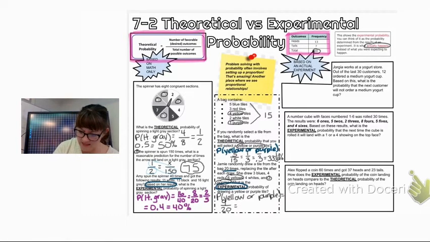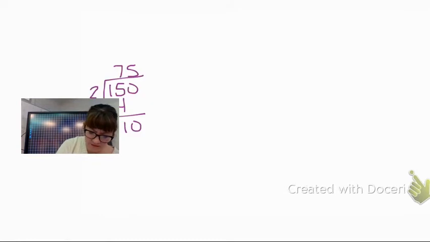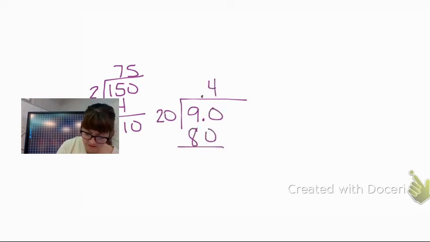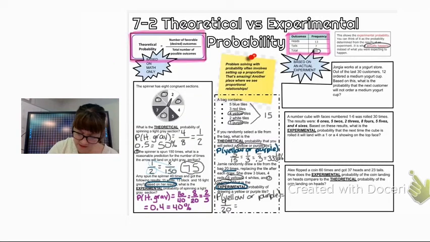If I want to write that as a decimal, 9 divided by 20 is 45 hundredths. Or we could call that 45%.